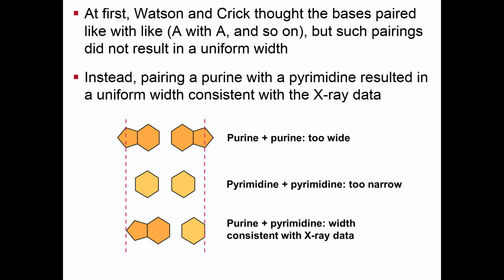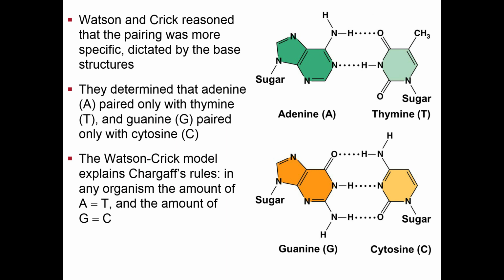There's not enough space for these hydrogen bonds to interact and form. Same thing if you try to place a pyrimidine with a pyrimidine, it's too far apart. Again, no real interaction between hydrogen bonds. A purine and a pyrimidine do work. Alright, so here adenine pairs with thymine, guanine pairs with cytosine.